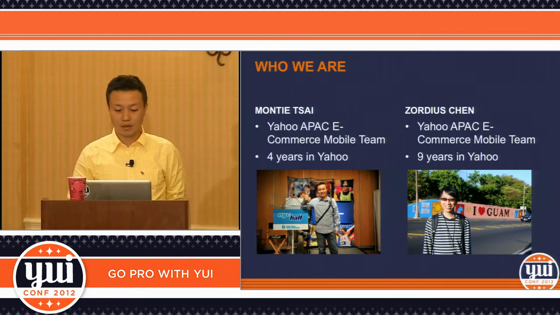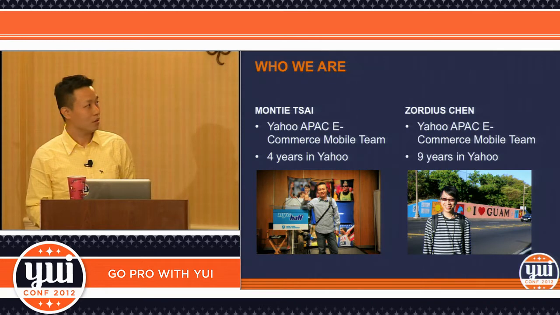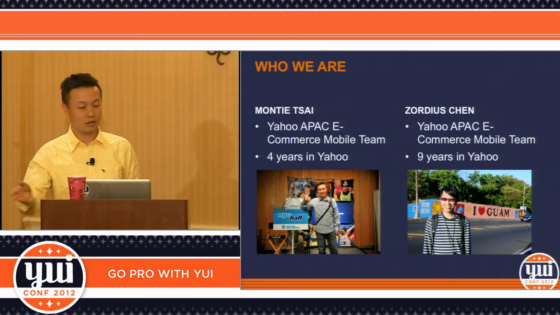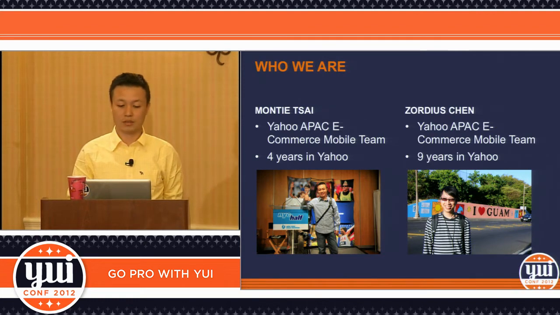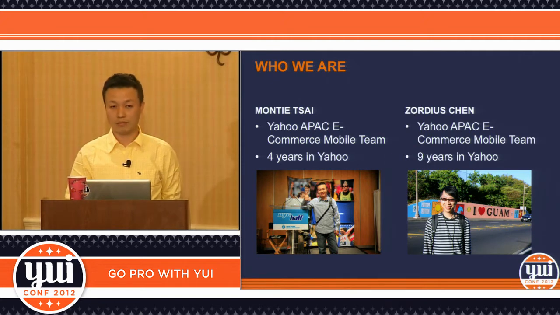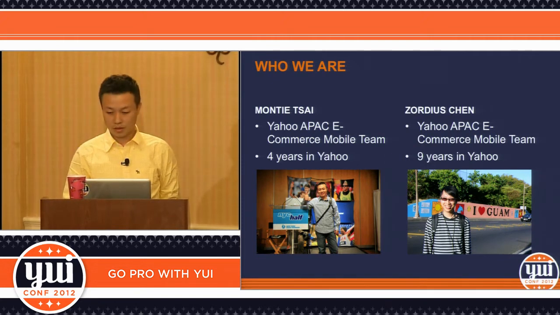Yeah. Introduce ourselves. I'm Montie, and this is Zordius. We all work in the Yahoo APAC e-commerce mobile team. We are located in Taiwan. I have 4 years of experience in Yahoo, and Zordius has 9 years.